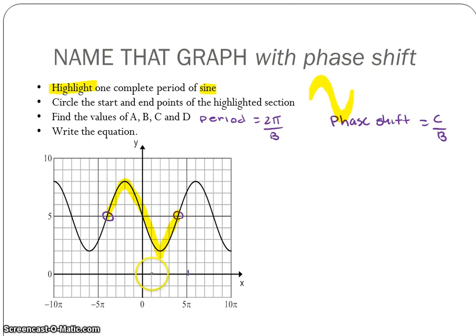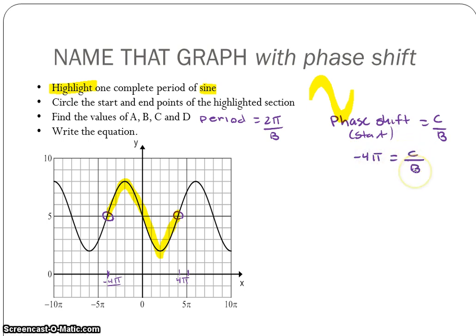So if I count, my x scale is in terms of pi. So it ends at 4 pi, and it starts over here at, looks like, negative 4 pi. If it starts at negative 4 pi, that's its phase shift, its start. Okay, so the phase shift is negative 4 pi, and that's going to be c over b.